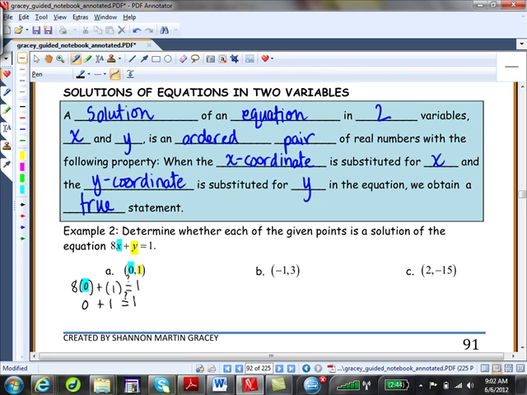Is that equal to 1? 1 equals 1. Check. So true. So what does that mean? That means that 0, 1 is a solution.